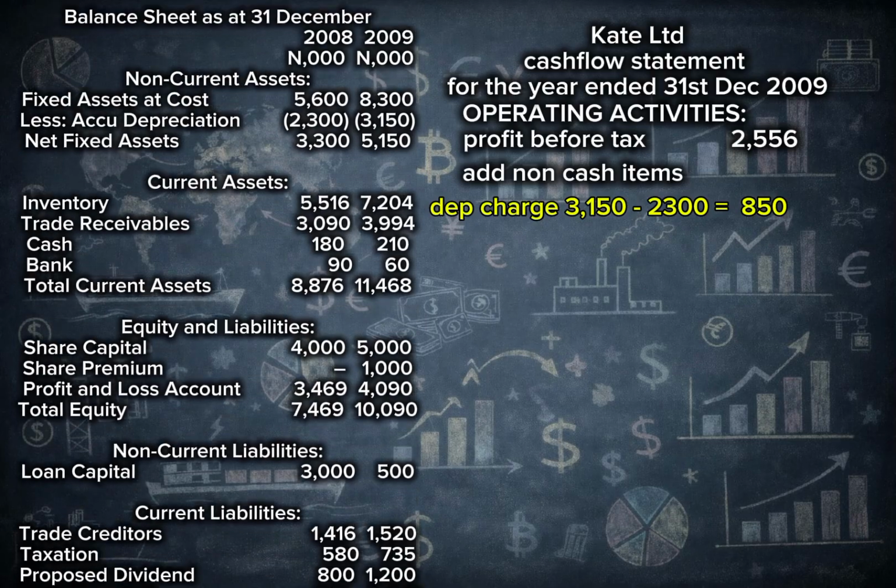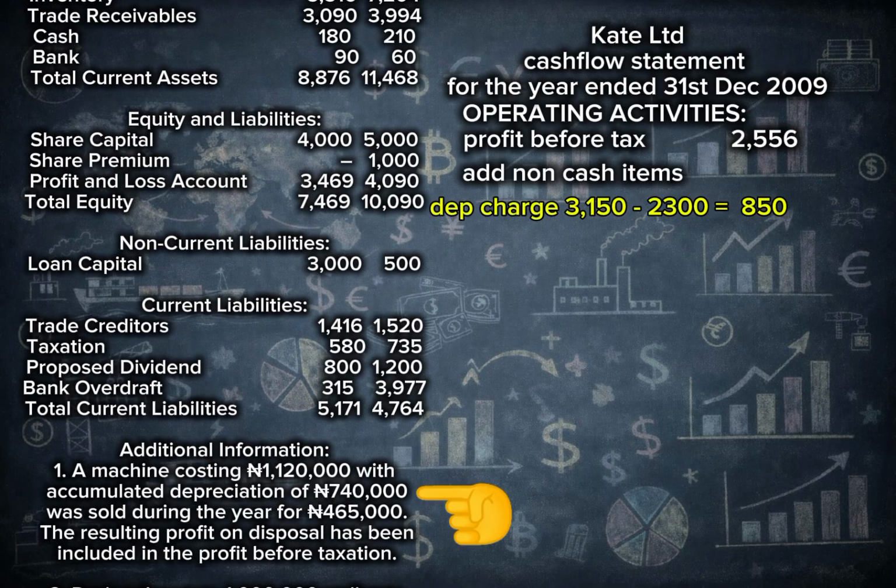However, there was additional depreciation during the year apart from those stated in the statement of financial position. That is the depreciation on the disposal of fixed assets as stated in the note of account, to the tune of 740,000 naira. And this will bring the total depreciation charge for the year to 1,590,000.